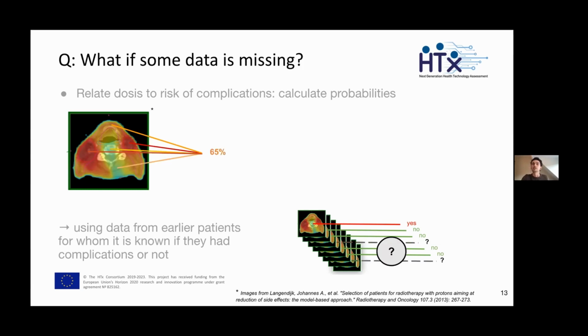Another one is that often this data is not as ideal as presented before, and there's some missing data as well. This could be because patients passed away shortly after the therapy, but also for other reasons, and that could affect the model that you would develop using those data. So these are two methodological questions that we address in the project.